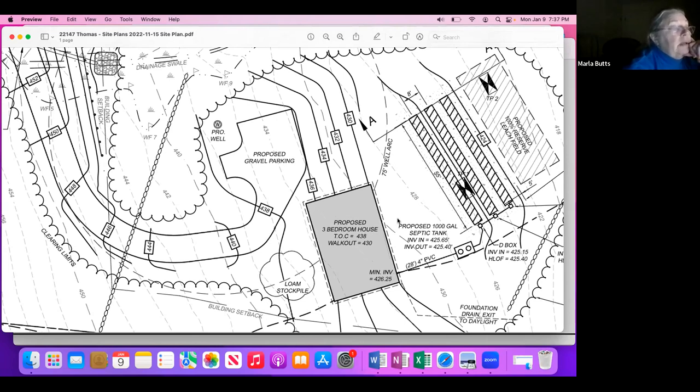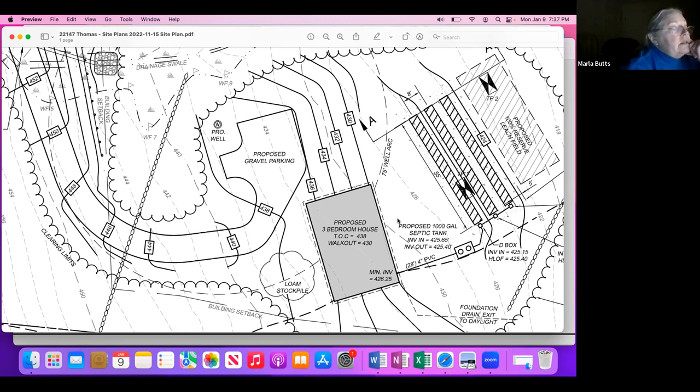But maybe they're not going to mow everything. Maybe they're going to leave it as it is. And that's not a problem we have. But I'm just trying to think down the road, if they want to, now's the time to think about those things, as to whether or not they need a structure, a walkway going down to the back where their walkout basement is.